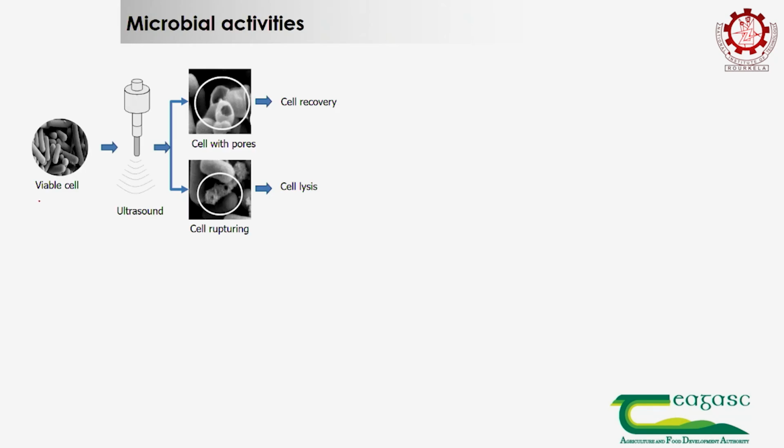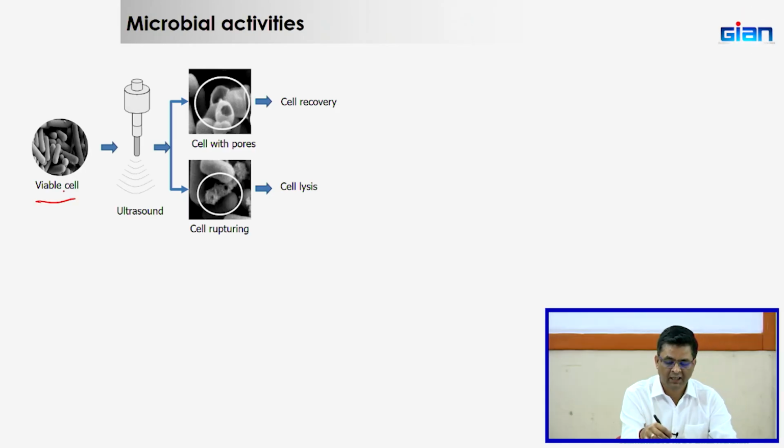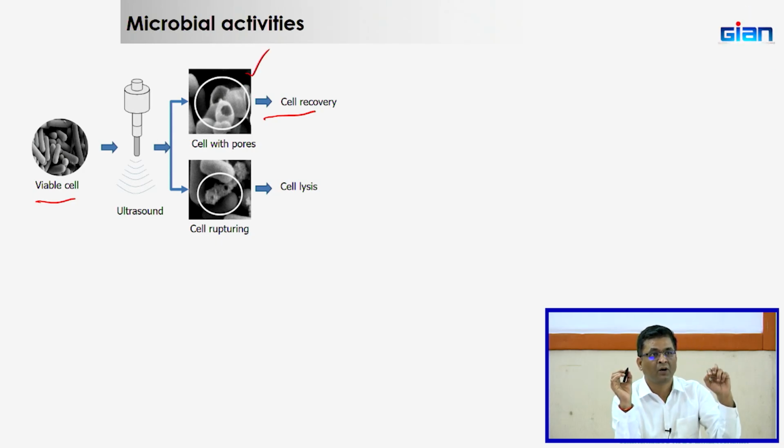Now, microbial inactivation. This is the viable cell. When you give ultrasound treatment, it causes pores on the surface. This cell is not dead. It causes pores and can improve its performance, so that substrate can go into the cell faster and reactant can come out faster.